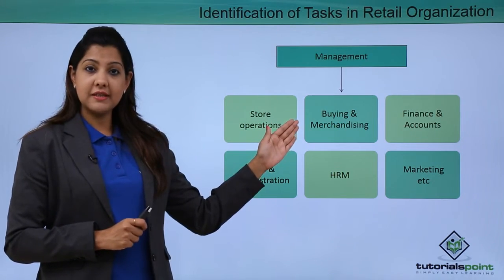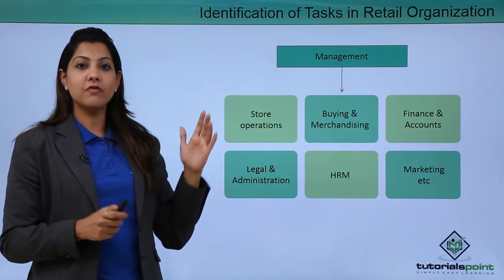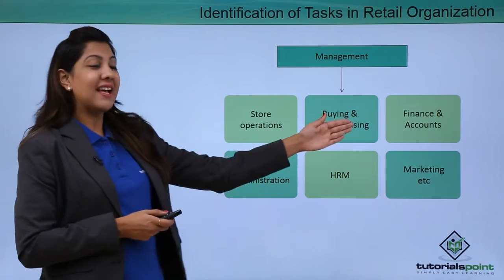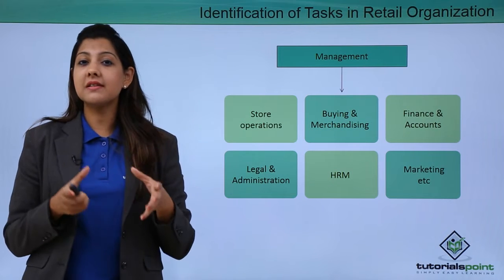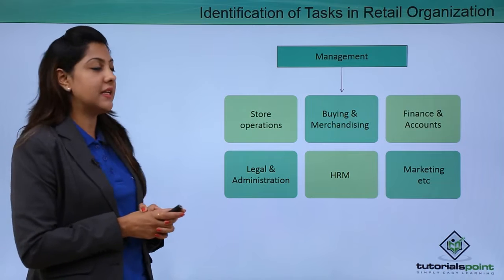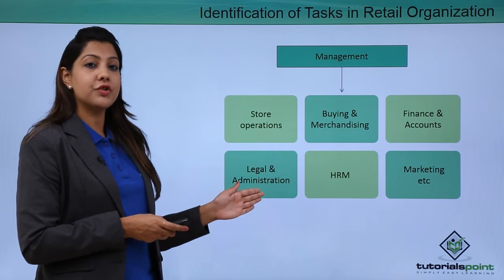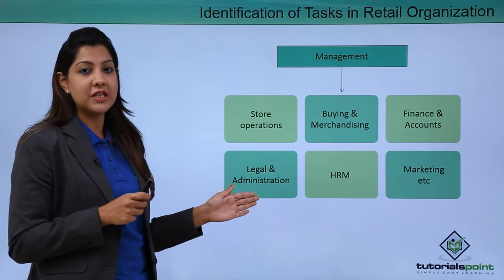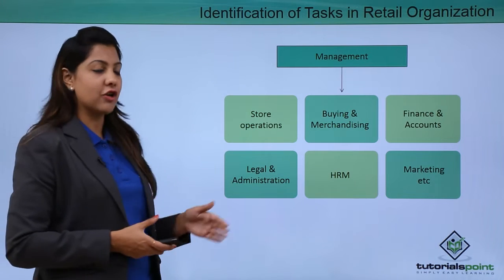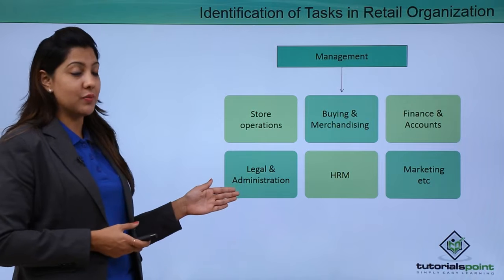Buying and merchandising products, in terms of the merchandiser who looks into buying and merchandising. Finance and accounts, you need to have a set number of people who look into the accounts and finance of that particular retail. Legal and administration, you also need somebody who is going to take charge of the compliances and the laws, taxation, etc. So the legal and admin team needs to be in place.